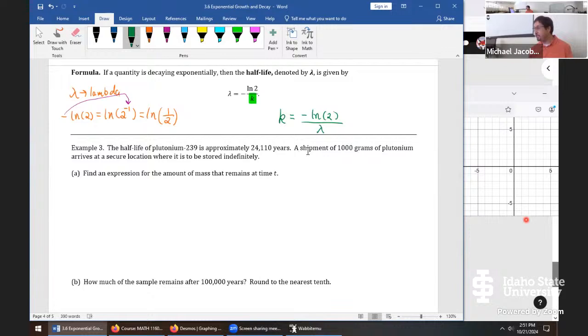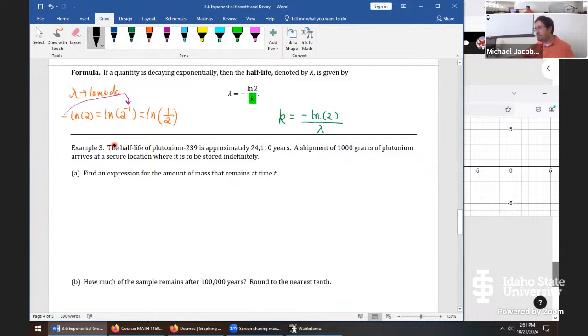Next, it says a shipment of 1,000 grams of this plutonium arrives at a secure location where it's to be stored indefinitely. So that's good. If we just hid it for all time, that's not a bad idea since this is bomb making material. I guess it could be used safely for energy production. But what we want to do with all this is find an expression for the amount of mass that remains at time t.